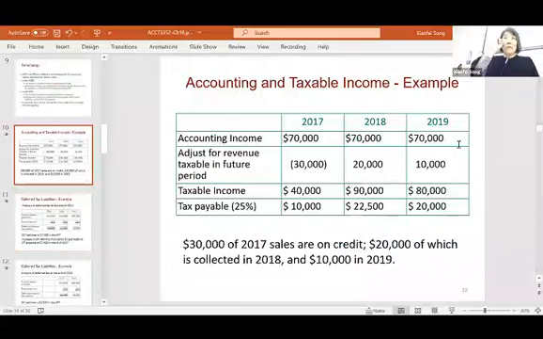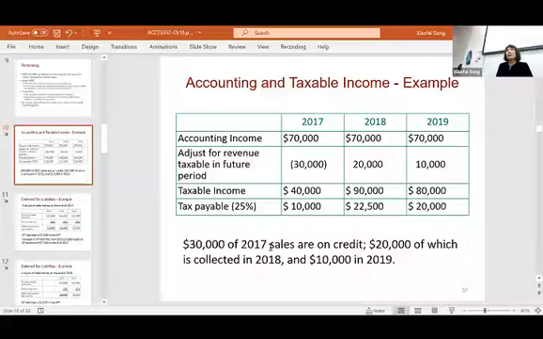So that's given. You have done your income statement up to the income before tax. You got 70,000 each year. But for 2017, among this $70,000 accounting income, there is $30,000 of sales on credit.